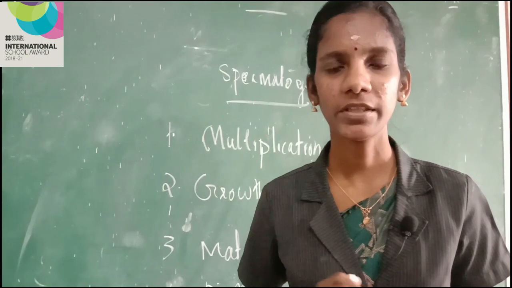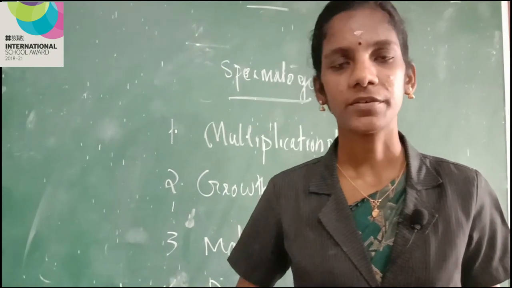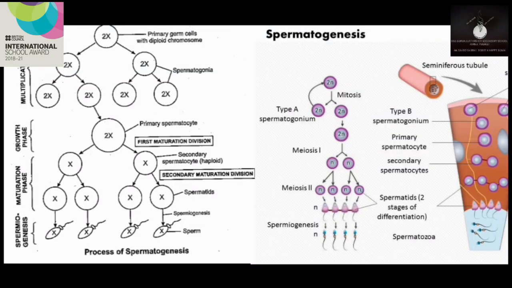Now, let me explain with the help of a small picture. As I told you earlier, spermatogenesis involves 4 main phases: multiplication phase, growth phase, maturation phase, and last one is spermiogenesis. Spermiogenesis is otherwise known as differentiation phase.